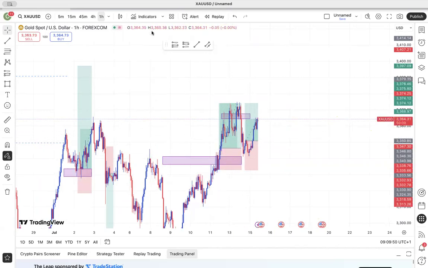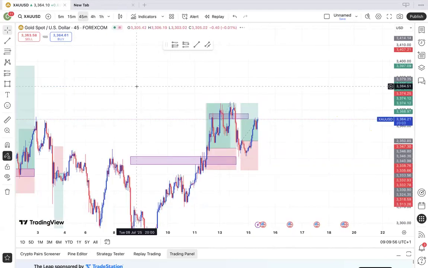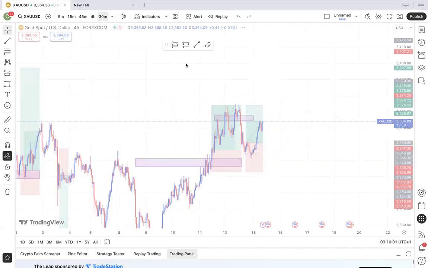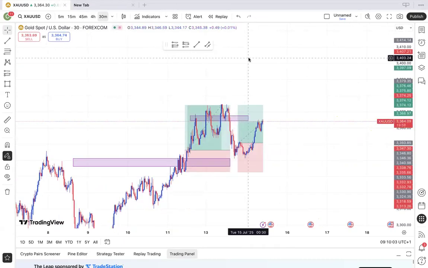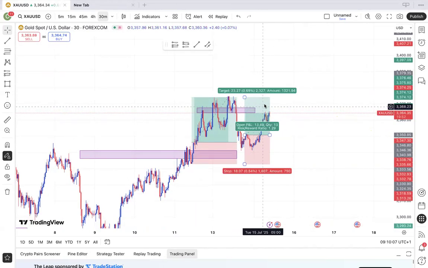So for me, I'd rather just wait for the market to create a proper break. If I put this back to 45 minutes, I would rather wait to 30 minutes. I would wait for the market to clear this zone.